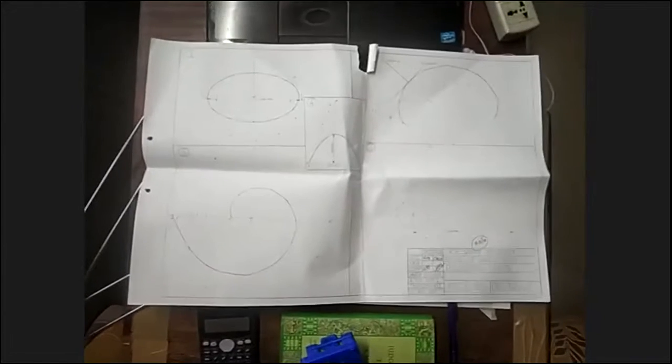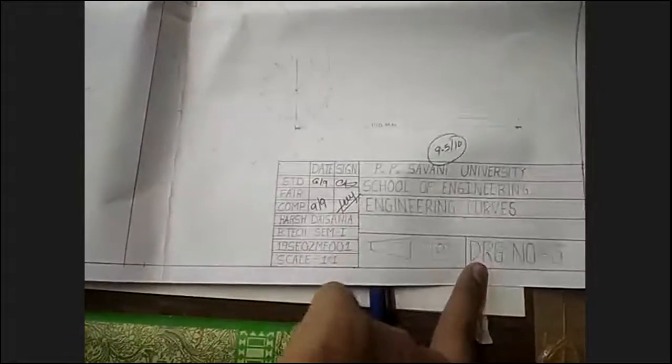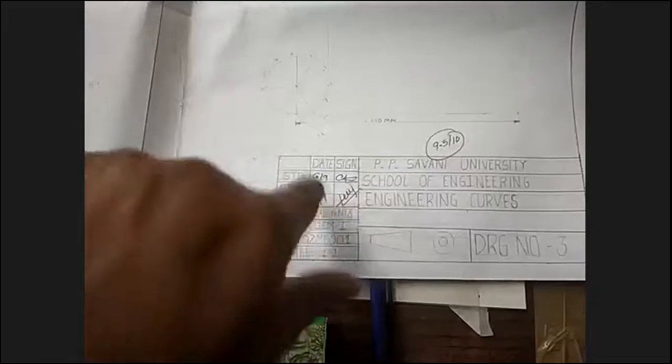When we are having a full sheet like this, which you need to prepare, the title block is in one of the extreme corners, which has information regarding these drawings: the sheet number, the drawing number, and so on.